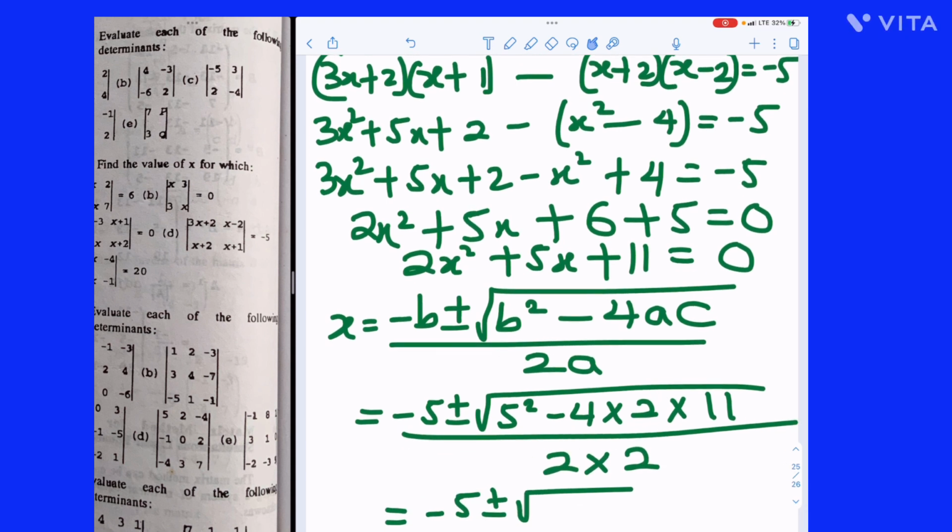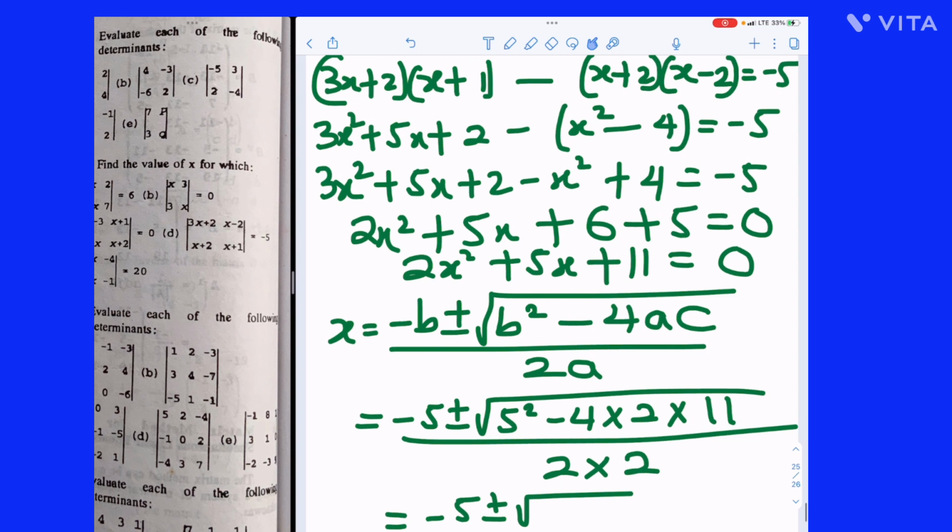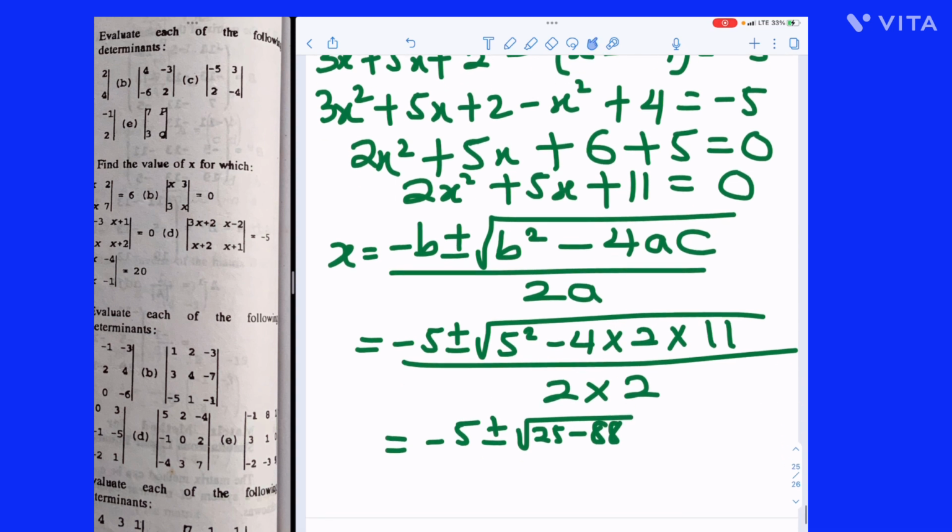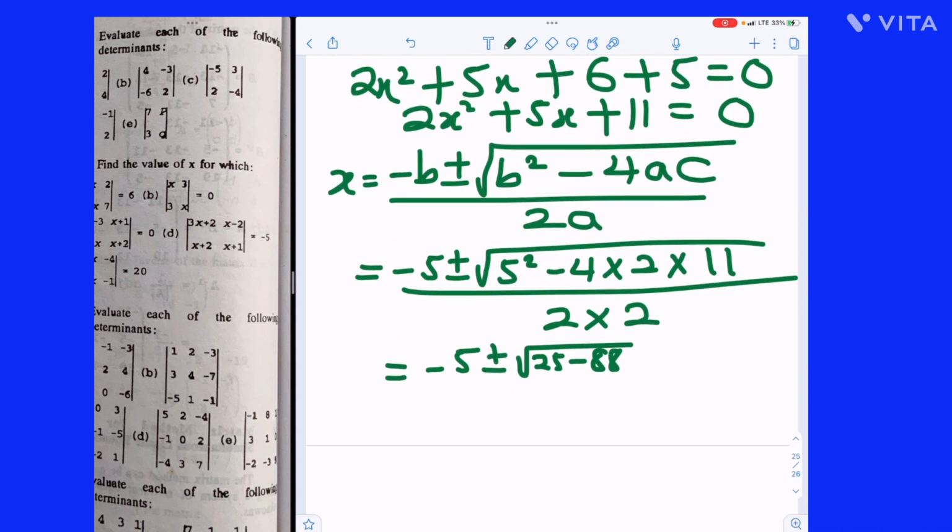Okay, let's continue. This should give me minus 5 plus or minus square root of 25 minus, 4 times 2, 8, 8 times 11, 88. That's 25 minus 88, all over 4.